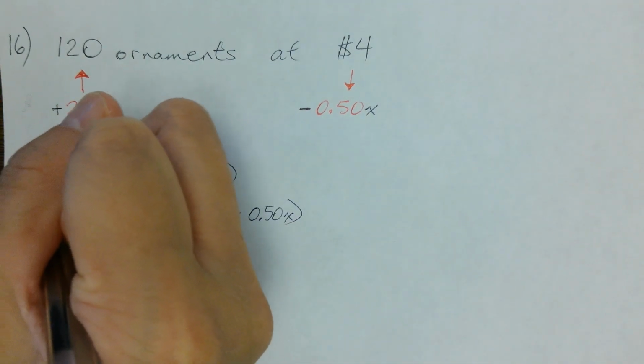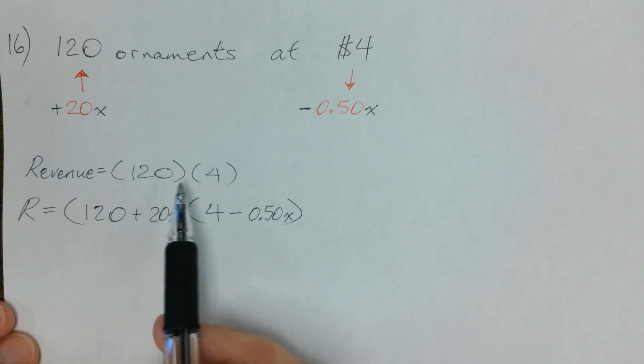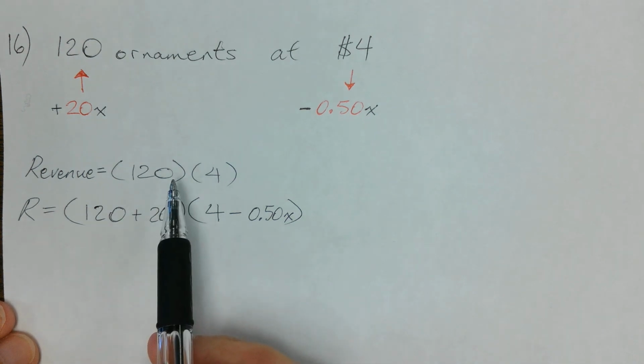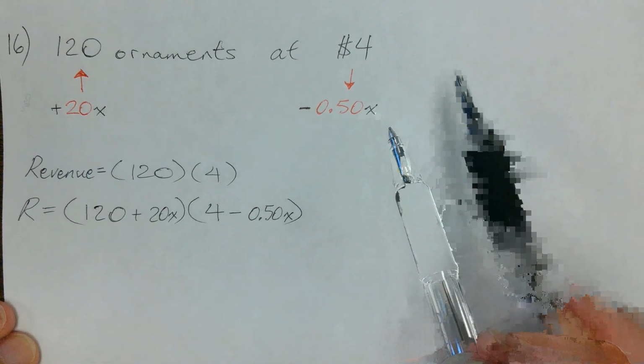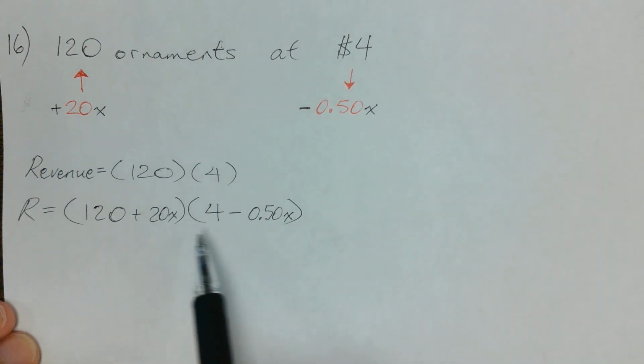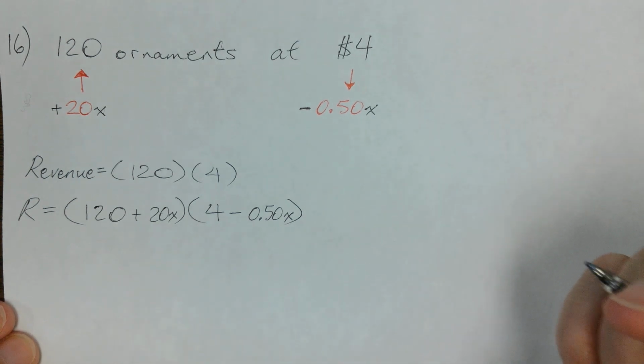So revenue. Originally, if it was just 120 ornaments for $4 each, I could just multiply it like that. But because I'm adding on this new condition, that's why my equation changed to this. Okay.